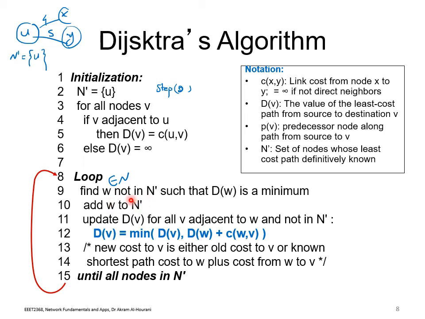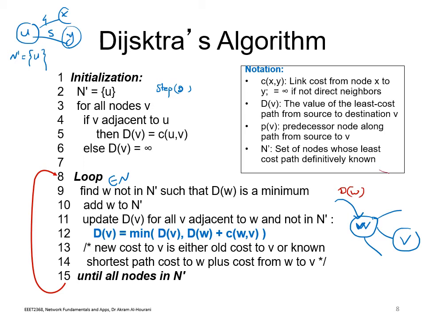After that, we check all the neighbors of W, let's call them V, and try to reach these neighbors via W. Let's draw it here. This is W. We just found a new D for this W, and then we have different nodes. Let's say this is a node V. Now we know how to reach W, and reaching it will cost us D(W).